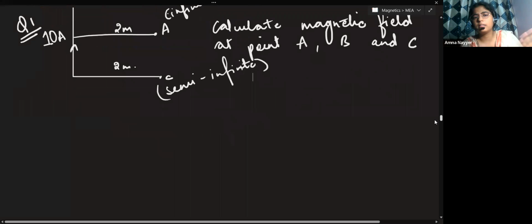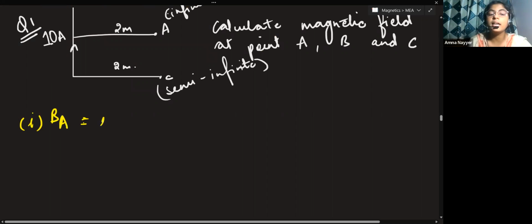A part, let's go systematically. For the first part, the magnetic field at A. A is your infinite wire. Formula for an infinite wire is what? Mu naught I by 2 pi a. This mistake is done a lot by students. Instead of writing 2, they write 4 and their answers come whatever the answer should be for the C part.